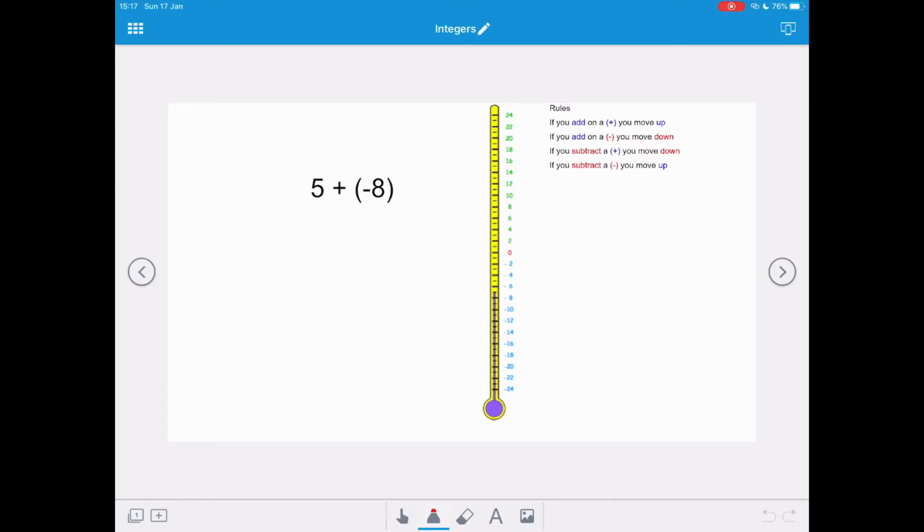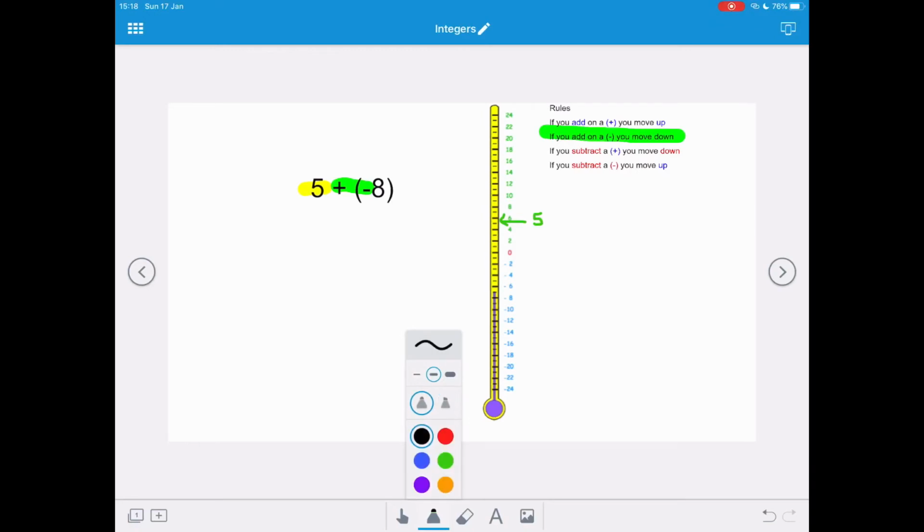Now we've got 5 plus -8. Our start position on our number line is at 5, and you can see that that's between 4 and 6 on our thermometer. So we'll just mark that in first. Now we're adding on -8, so we're adding on a negative number. We're going to move down the number line, because if we've got different signs, then we move down.